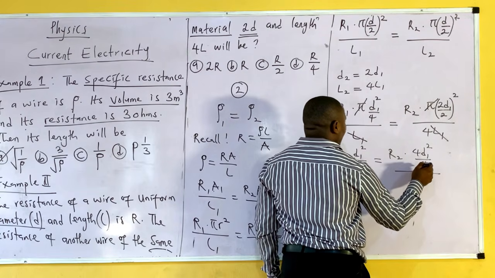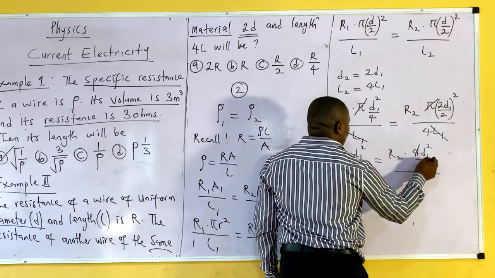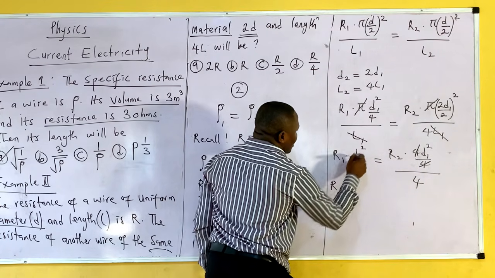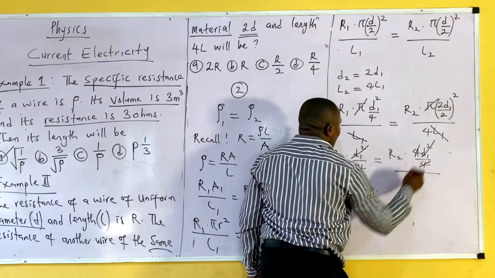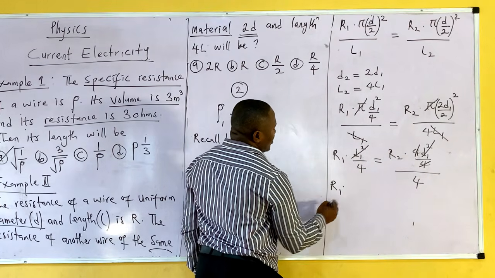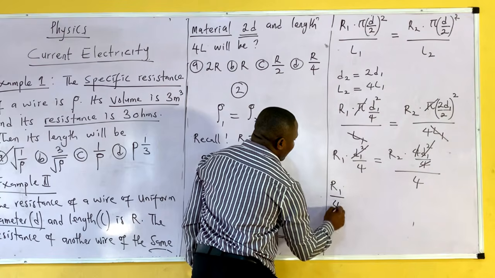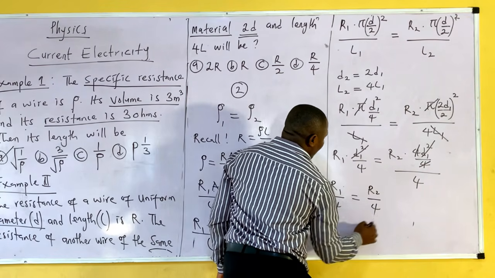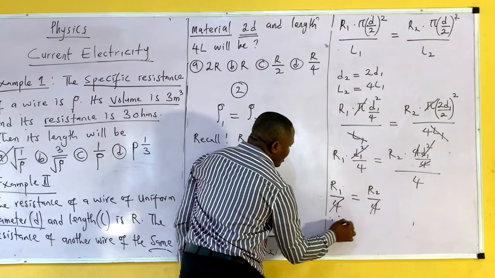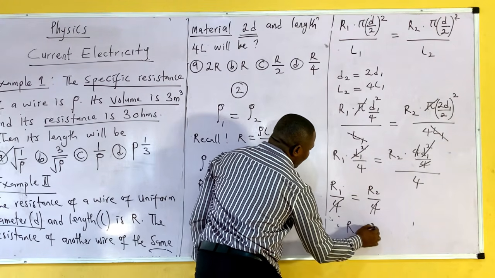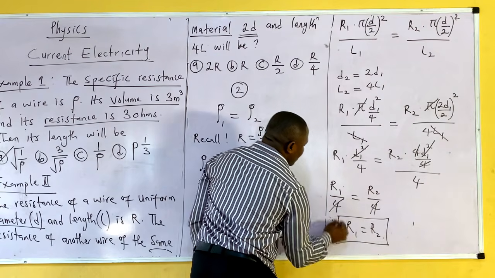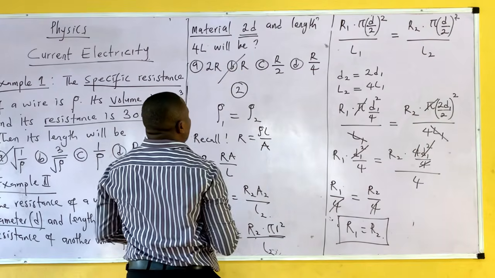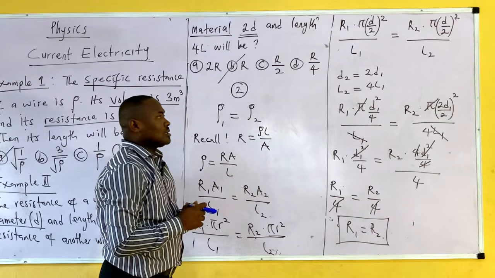Now, if you check that very well, you see that this will cancel out this. Then we're left with R1, and D1 squared cancels out D1 squared. So you have R1 over 4 is equal to R2 over 4. 4 cancels 4. Therefore, R1 equals R2. Take note of that. That becomes the answer. That's the answer to that question.